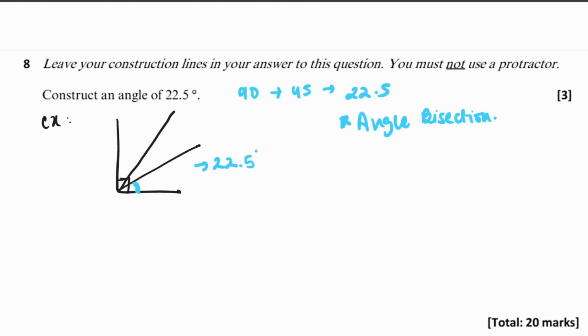Make two lines with a 90-degree angle between them, and then bisect the angle. So half of 90 degrees is what? 45 degrees. It is not 22.5 degrees, but half of 45 degrees is 22.5 degrees. So bisect the 45 degrees again, and then you would have constructed an angle of 22.5 degrees.